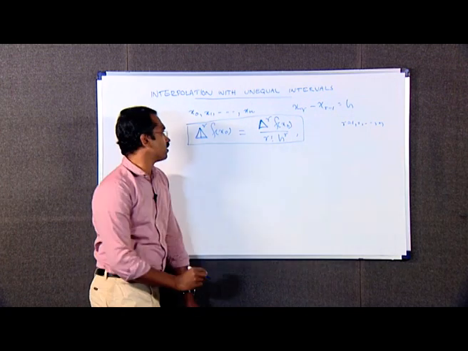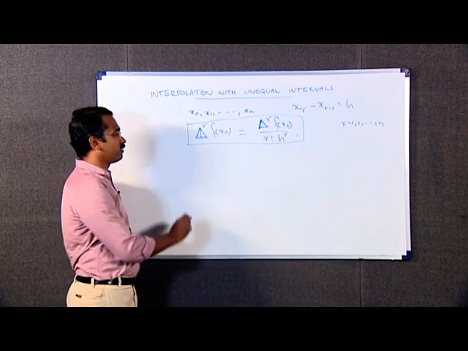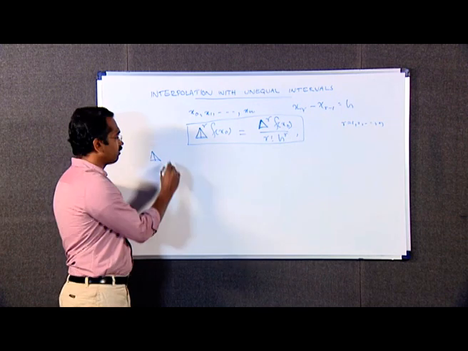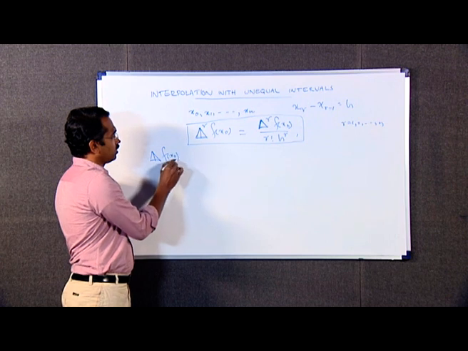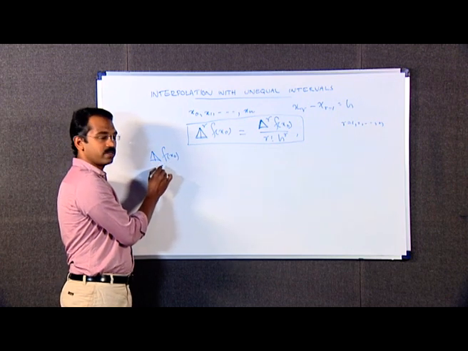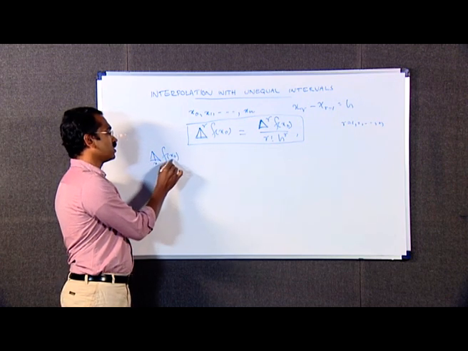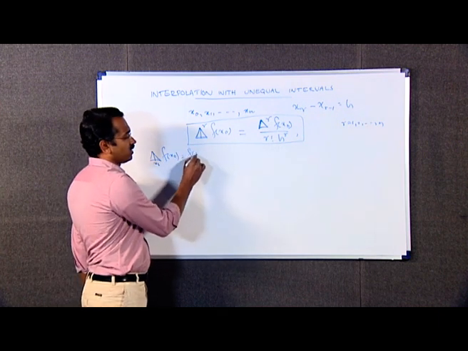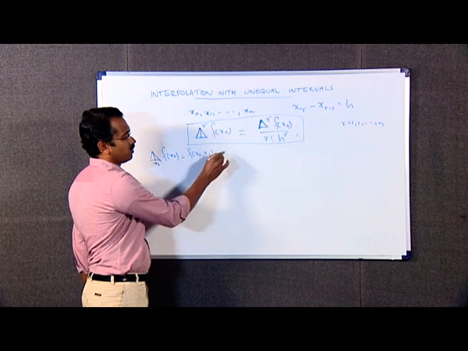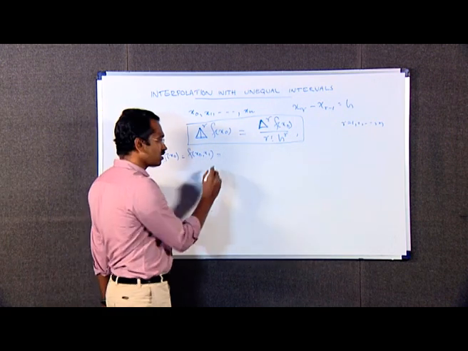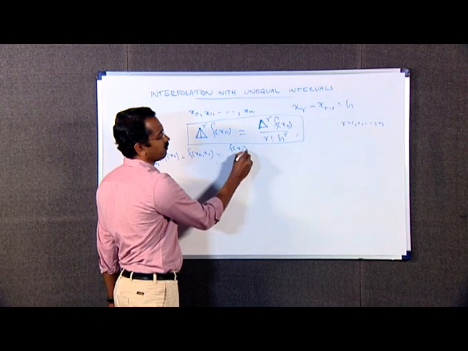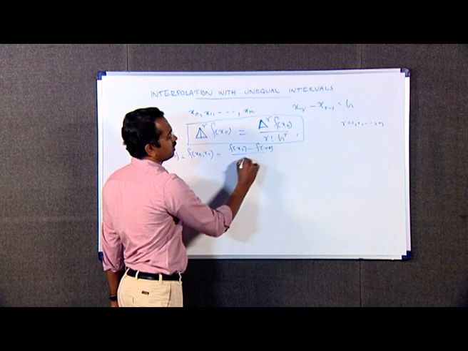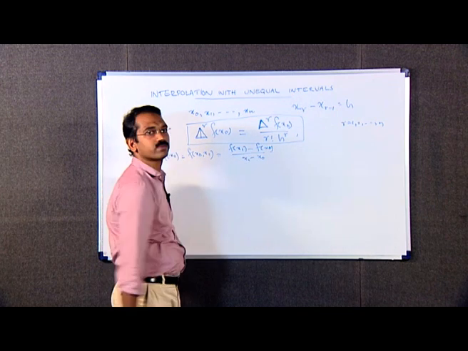By the definition of divided difference, we have divided delta f of x0, that is the first order divided difference between the arguments x0 and x1. We can use this notation also, f of x0 x1 is equal to, by definition, f of x1 minus f of x0 divided by x1 minus x0.